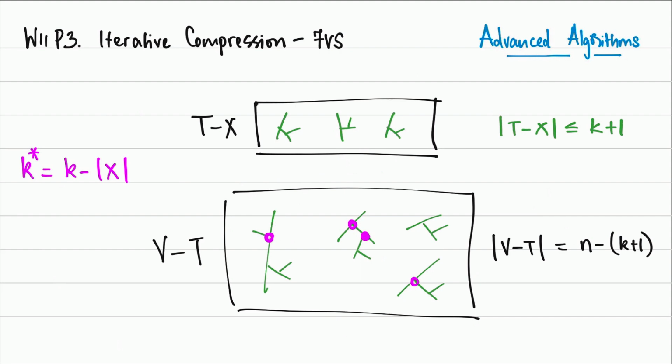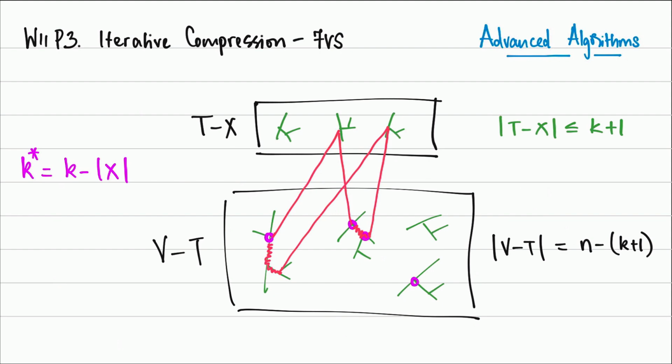However, notice that there are edges that connect these forests with each other, edges that go across V minus T and T minus X. So all the cycles that you see would typically be of this form, involving edges that go across like that. So notice that this would involve a cycle which looks like that, right?